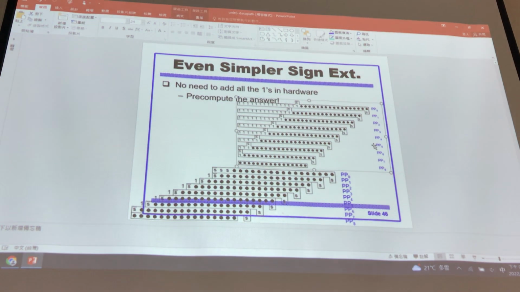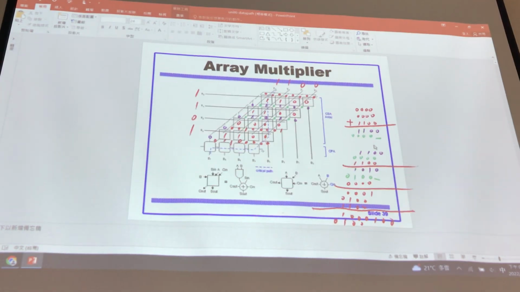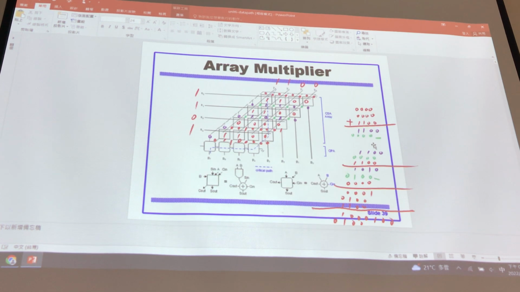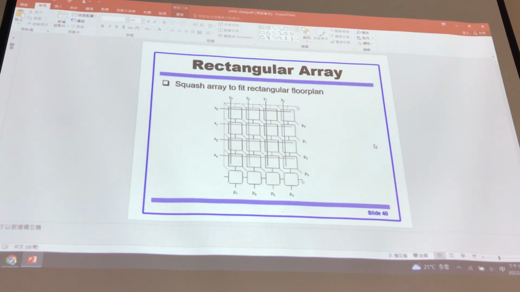But as I said, the final exam will be up to page 40, okay, up to this point, starting from the unit.